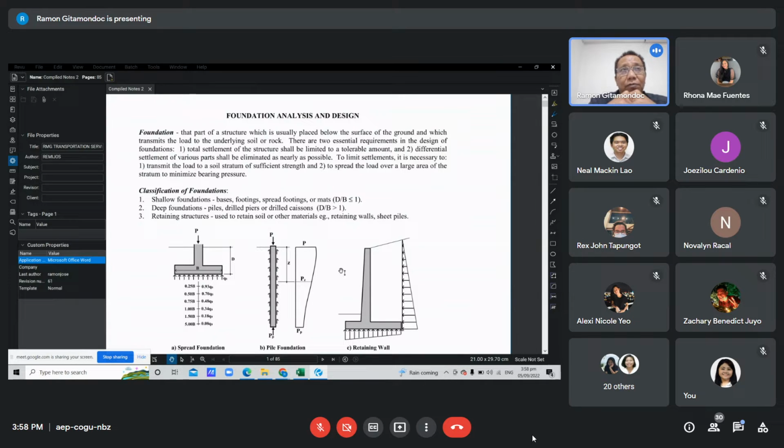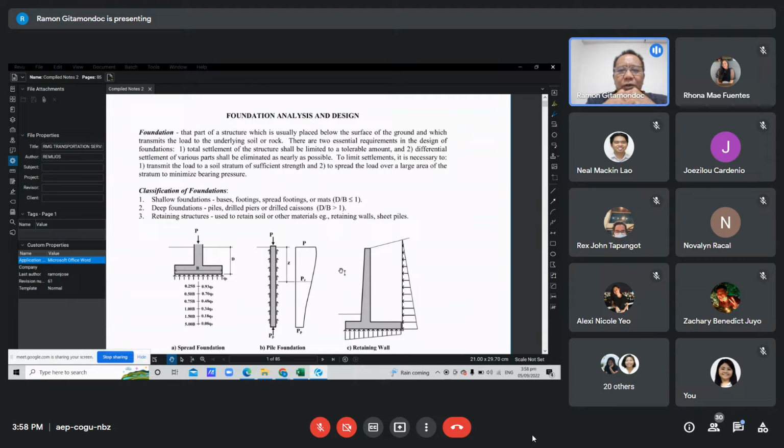So ang superstructure nga load which can compose of dead load, live load, and mga wind load o seismic load ultimately has to be transmitted to the ground, no? So ang atong ground can be made up of soil with different characteristics or pwede sa rock, no?